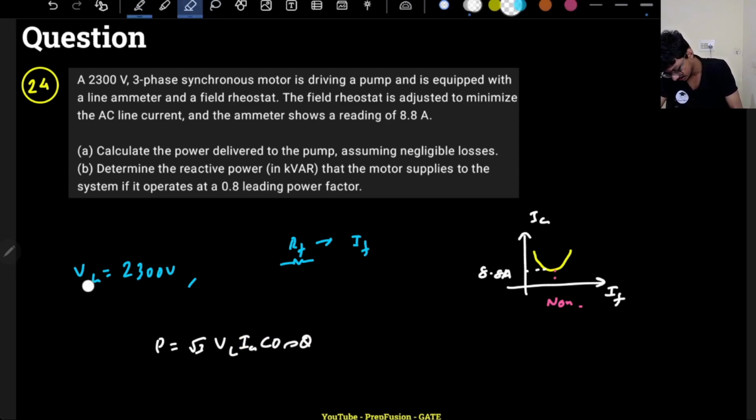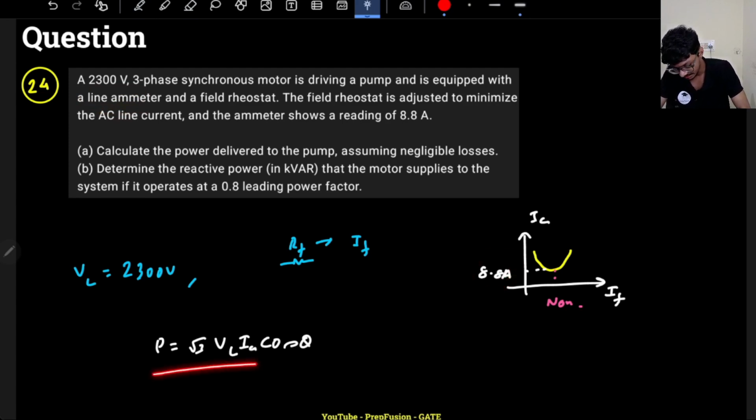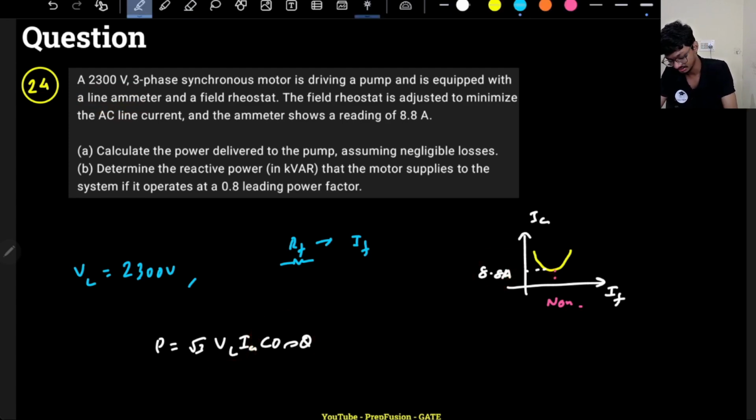If nothing is mentioned, it is always assumed to be line voltage, and they are already telling me this is the line ammeter. So the line ammeter reads 8.8 amperes. At this stage it is nominal excitation, that means my cos theta will be 1.